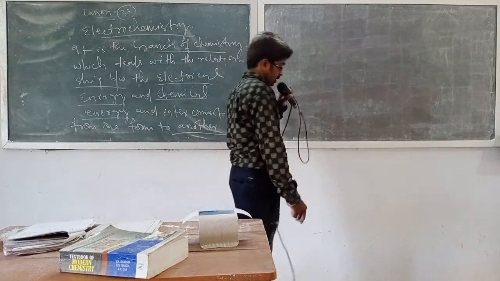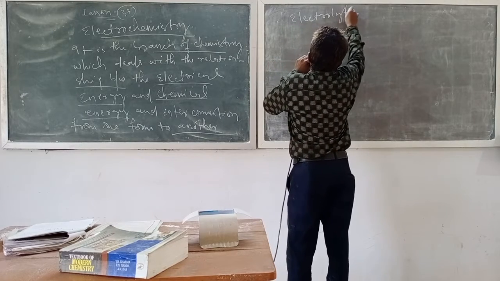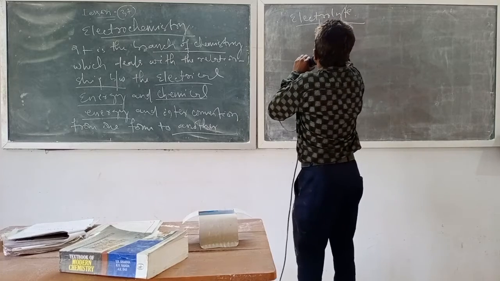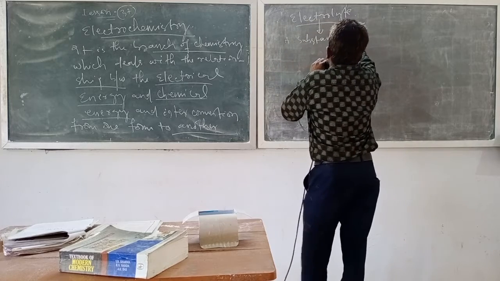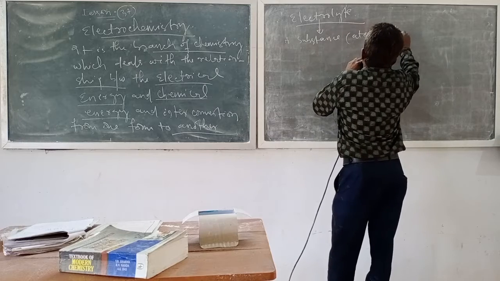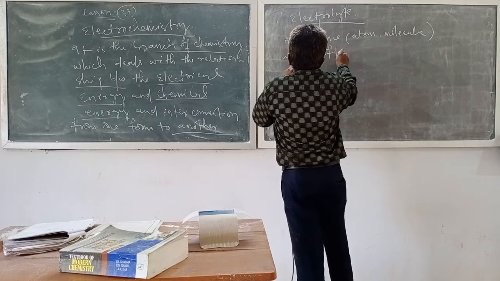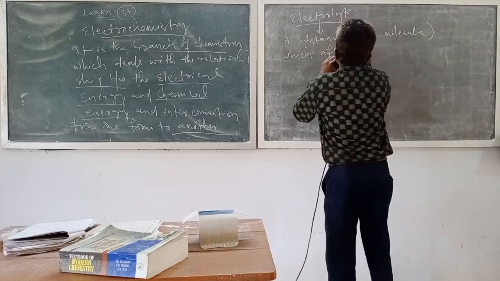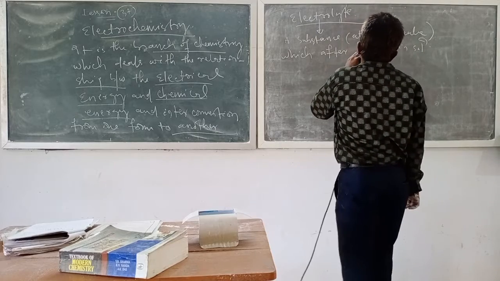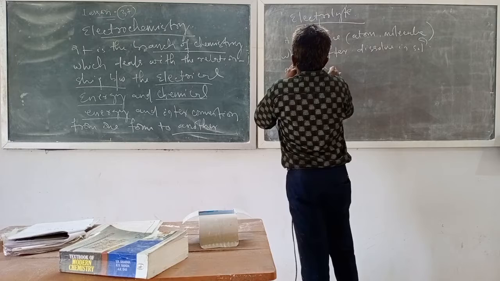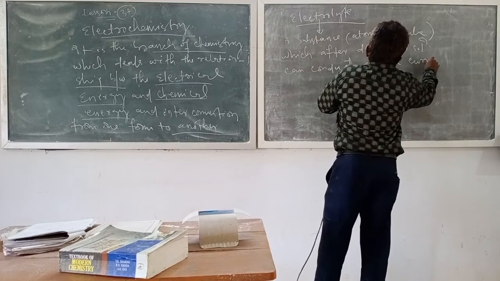So in electrochemistry, the first thing we will see is the electrolyte. So the definition of electrolyte: a substance, that may be atom or molecule, which after dissolving in solution can conduct current.